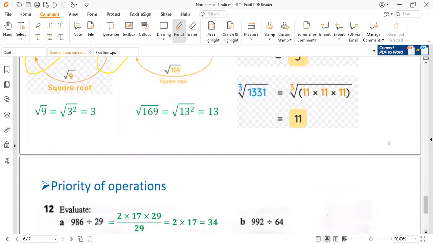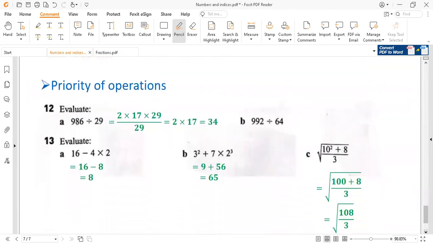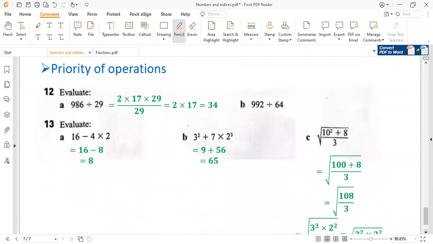Finally, we should know that when using arithmetic operations, we have a priority of operations. For example, if we have this sequence of operations, the priority is for the powers, then the multiplication and division at the same time, then the subtraction and the addition at the same time.